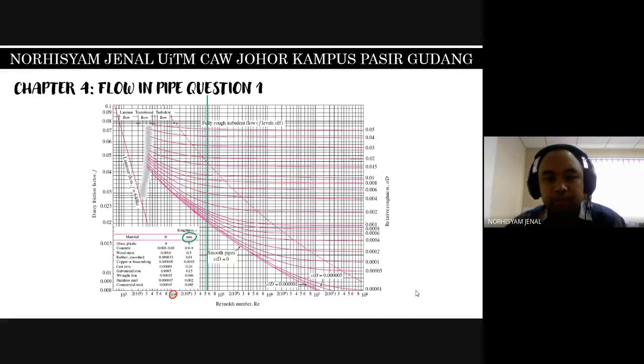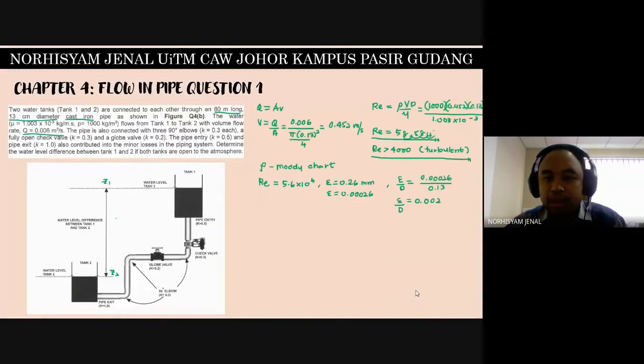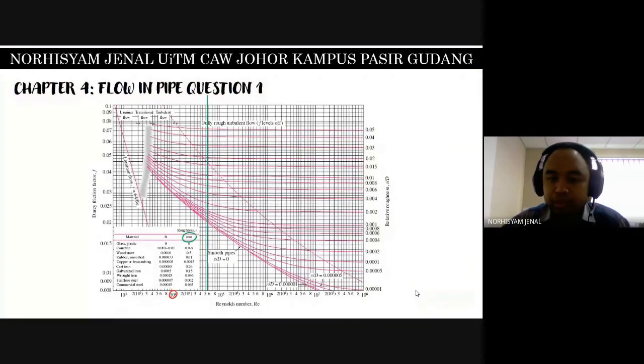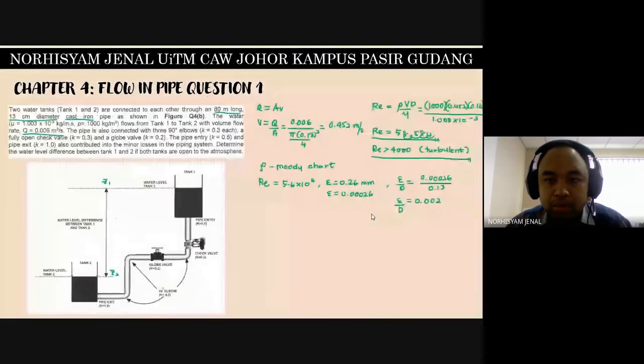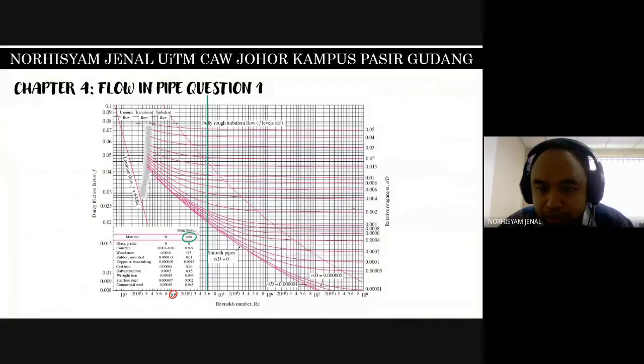So now this is the line for 5.6 times 10 to the power of 4. My relative roughness epsilon over D is 0.002, sorry. If you check from here, 0.002 is practically this pink color line over here.